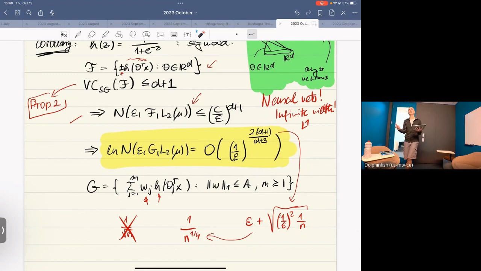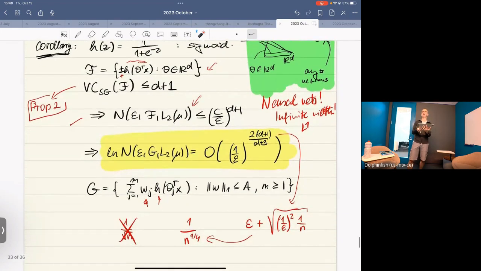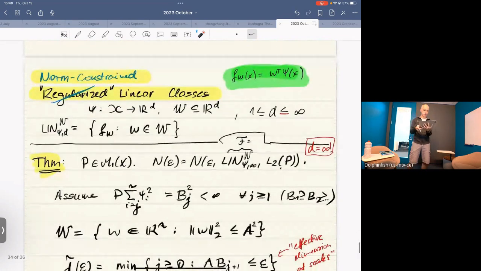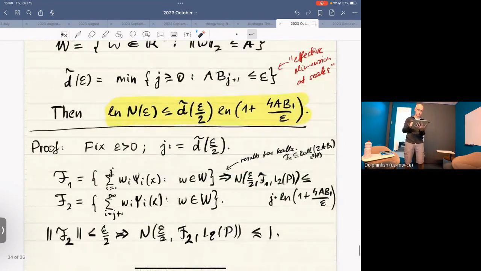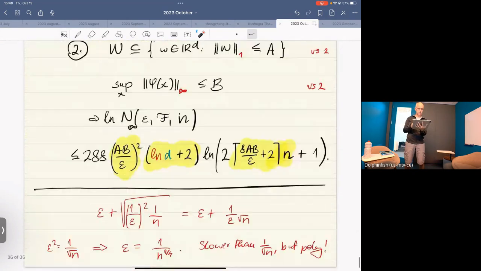No. There are many ways that the capacity can be bounded, and if the capacity is not that big, then you can get uniform deviations going, and then you can have meaningful theory for whether you can generalize or not.